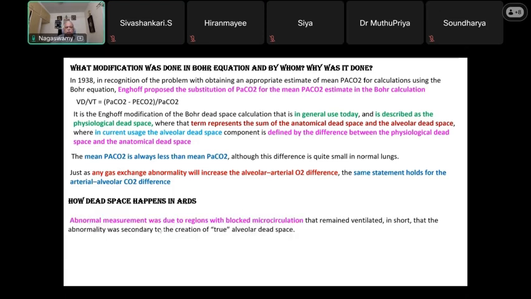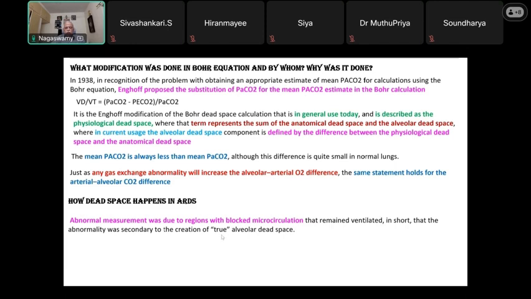The abnormal measurement was due to regions of blocked microcirculation. That is the basic thing in this. So when there is no blood flow in the capillaries, but the alveoli are getting ventilated, what happens? There is a wasted ventilation. Alveoli are inflated with adequate air or oxygen, but the capillary circulation is not there to take up that oxygen.